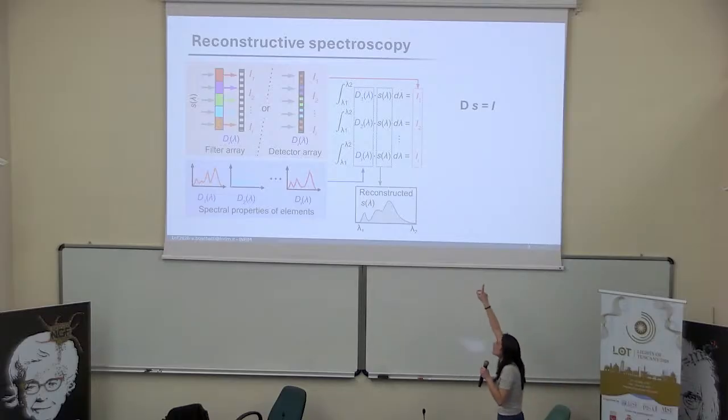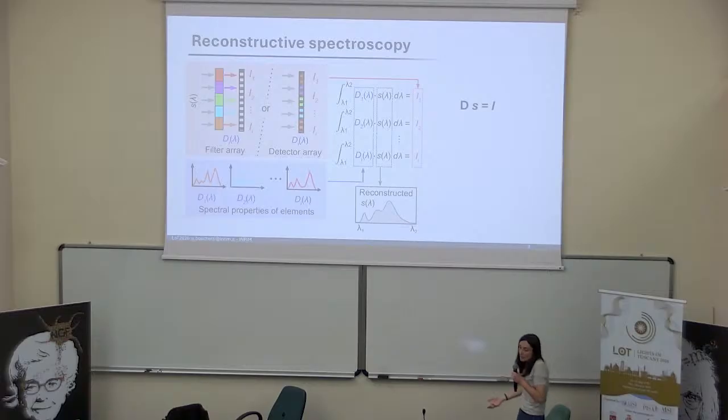from the calibrated transmittances, and so our unknown signal, so the unknown spectral components, they are a lot. So this is an underdetermined problem where you have a few known intensities and a lot of spectral components to retrieve.